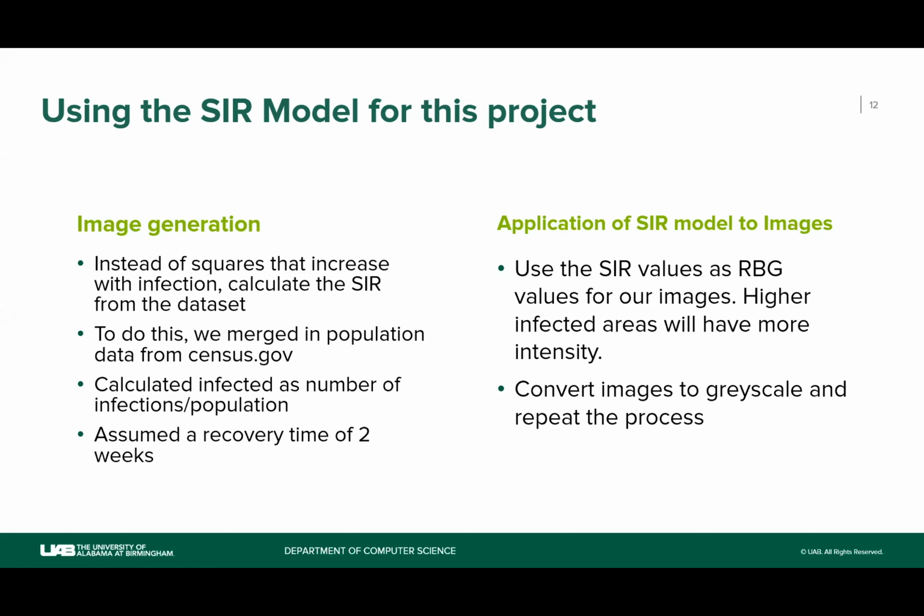So just to get that calculation in for the initial round, we subtracted the infected from 2 weeks ago from the infected today to give us a sense of who is actually infected today. Because the SIR model nicely maps to essentially three distinct values, we can treat it like an RGB image or enhanced grayscale.